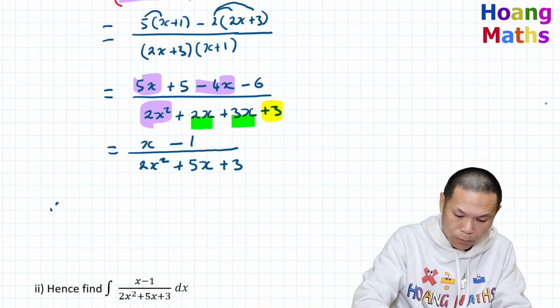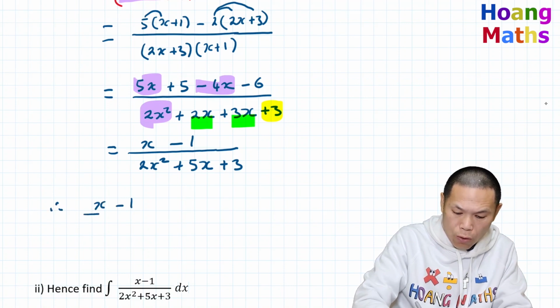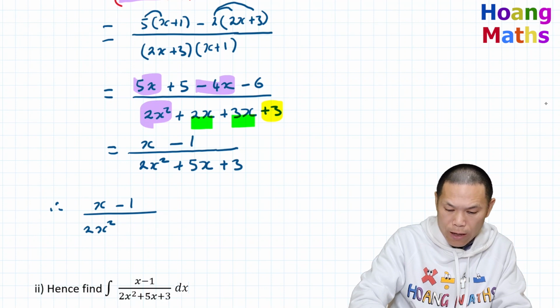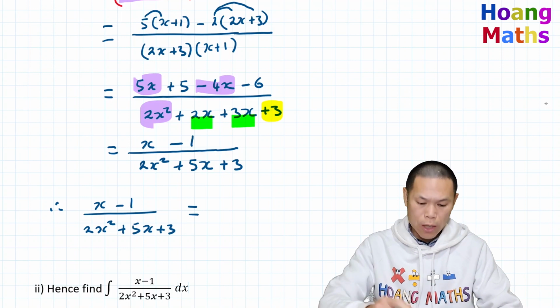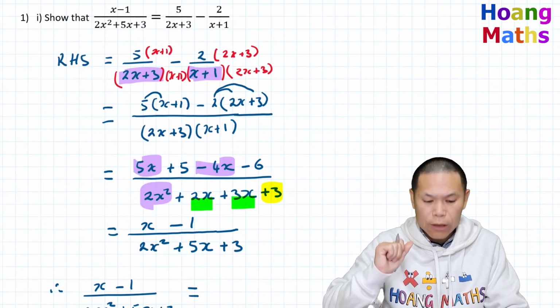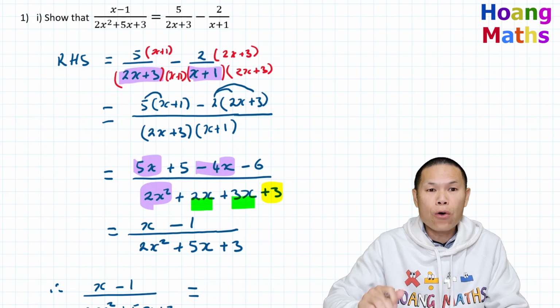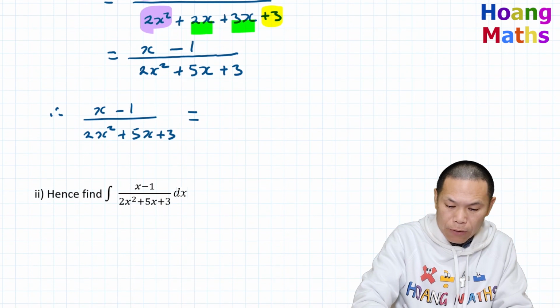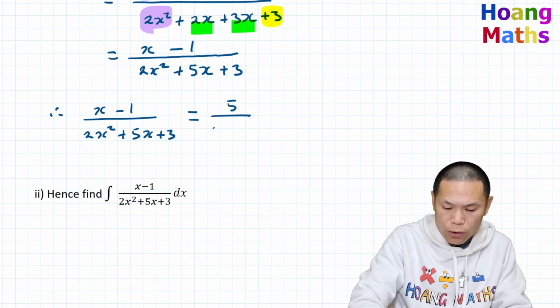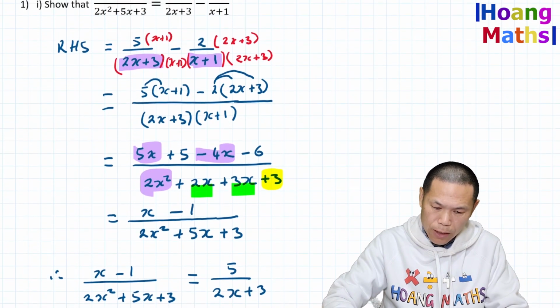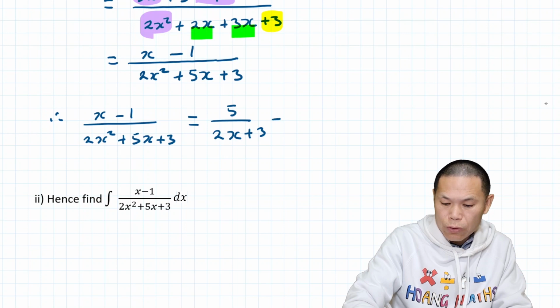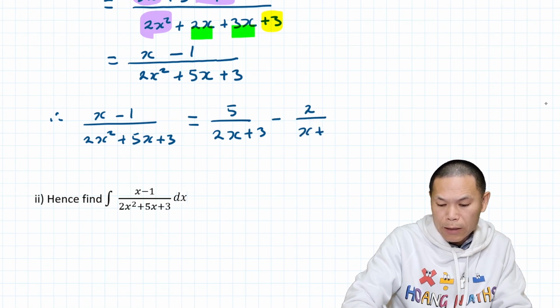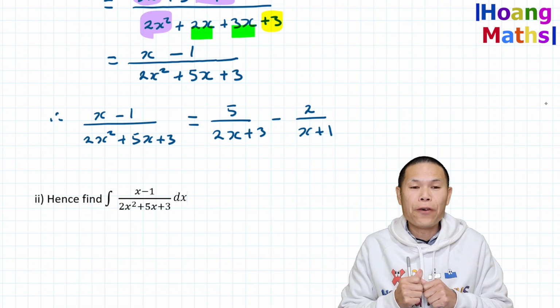Therefore, (x minus 1) over (2x squared plus 5x plus 3) is equal to 5 over (2x plus 3) minus 2 over (x plus 1). So there you go. First part is done.